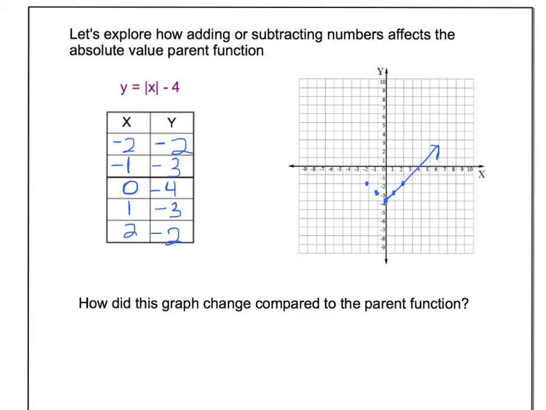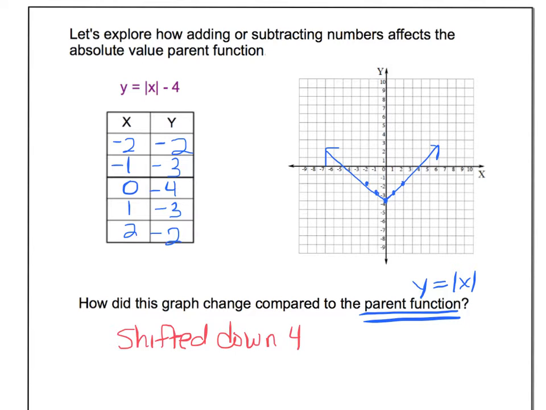Again, you see that you have this V shape, but it's moved. Can you describe how it changed compared to what our original parent function was? What words would you use? The official math words we may use are that this whole absolute value graph is shifted down 4.